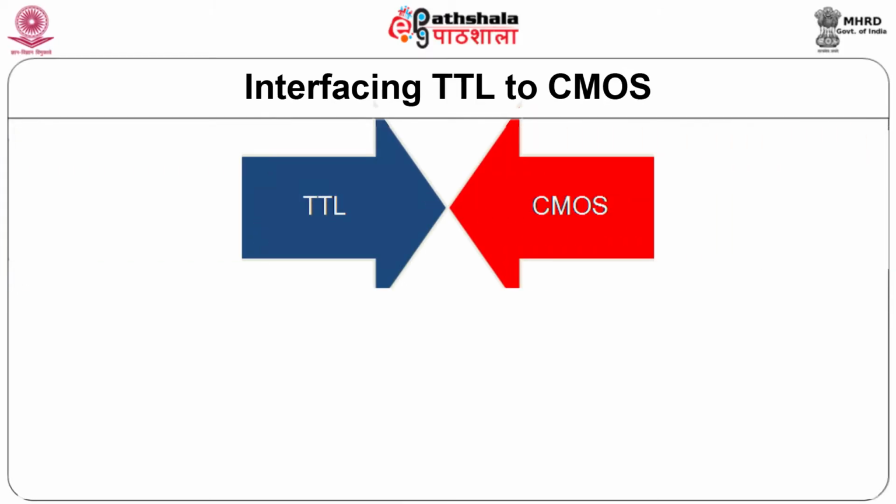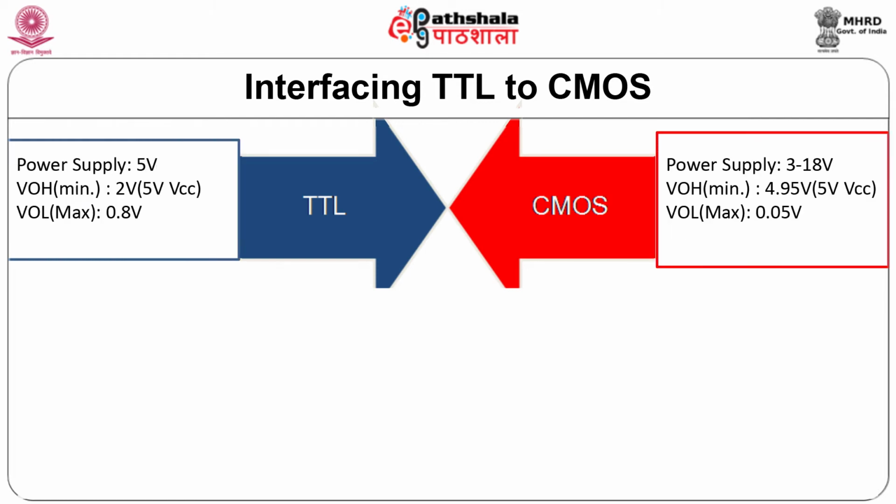TTL to CMOS interface. In the TTL to CMOS interface, current compatibility is always there. The voltage level compatibility in the two states is a problem. VOH min of TTL devices is too low as regards the VIH min requirement of CMOS devices.